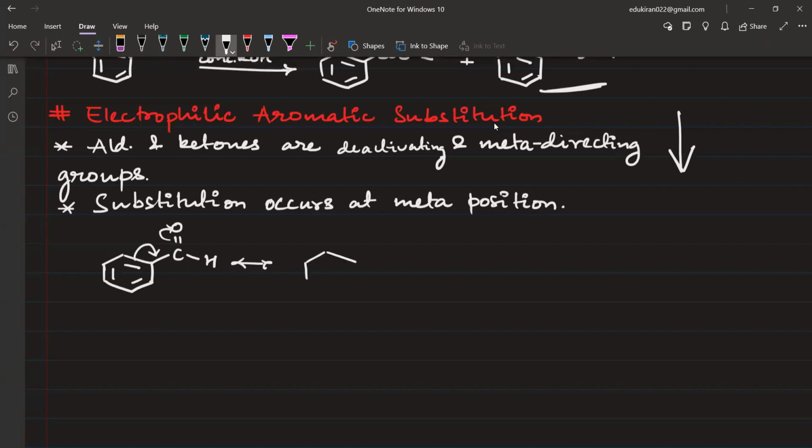And as you can see, the group is taking the electrons away from the benzene ring, and it is giving positive charge on the ortho and para position. That is why the substitution happens at the meta position. Deactivating means that the electron is going away from the benzene.